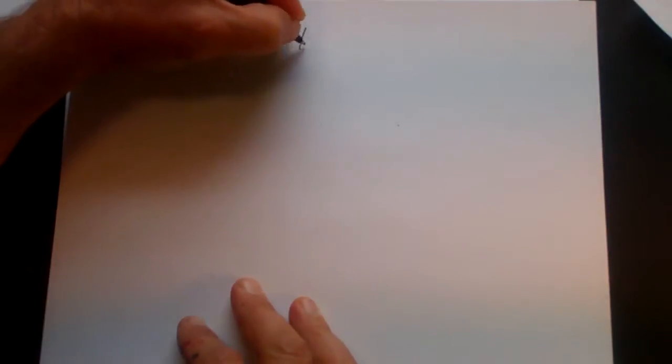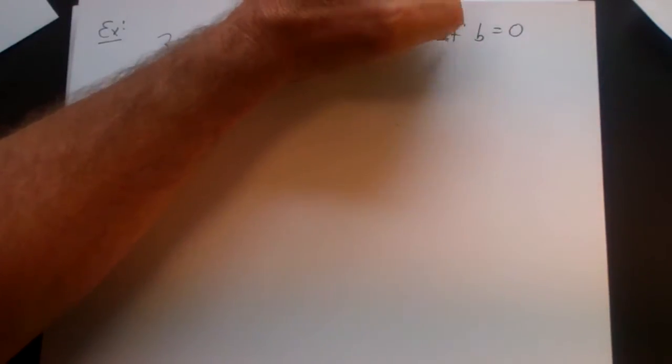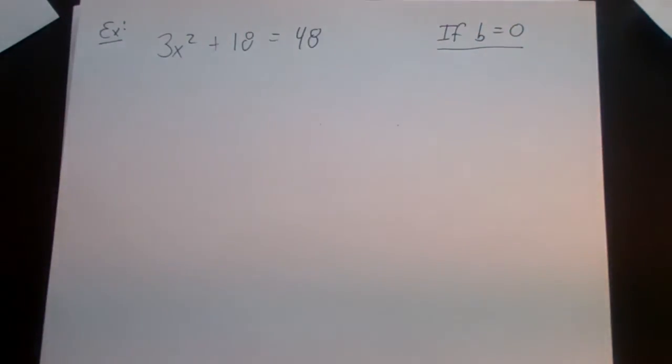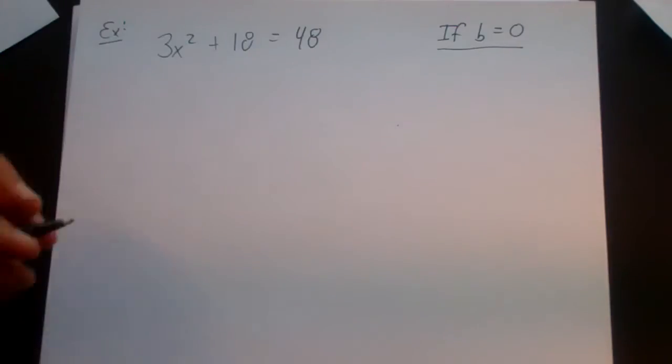We'll look at the first example we looked at: 3x squared plus 18 is equal to 48. If b is equal to 0, that's the way you want to think about it. If there's an x squared term but no x term, then there are only 2 steps.